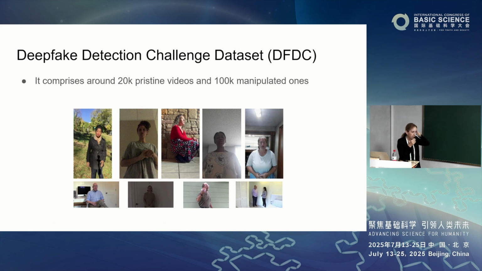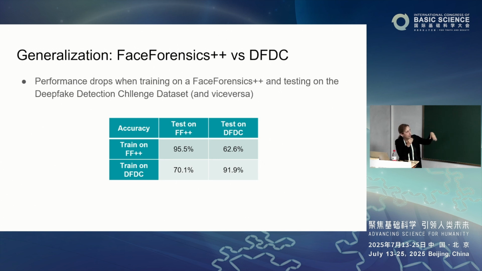And it was very particular because it was created using different types of environments and lighting and whatever. I mean, it is really in the wild. And when we trained on our dataset FaceForensics++ and then tested on this other dataset, again, performance, okay, did not drop to 50%, but 60 to 70% are not acceptable numbers.